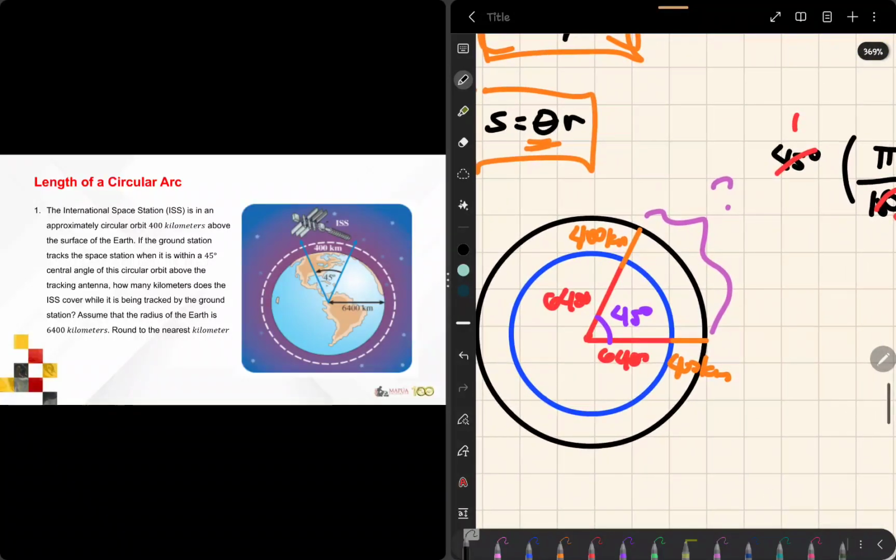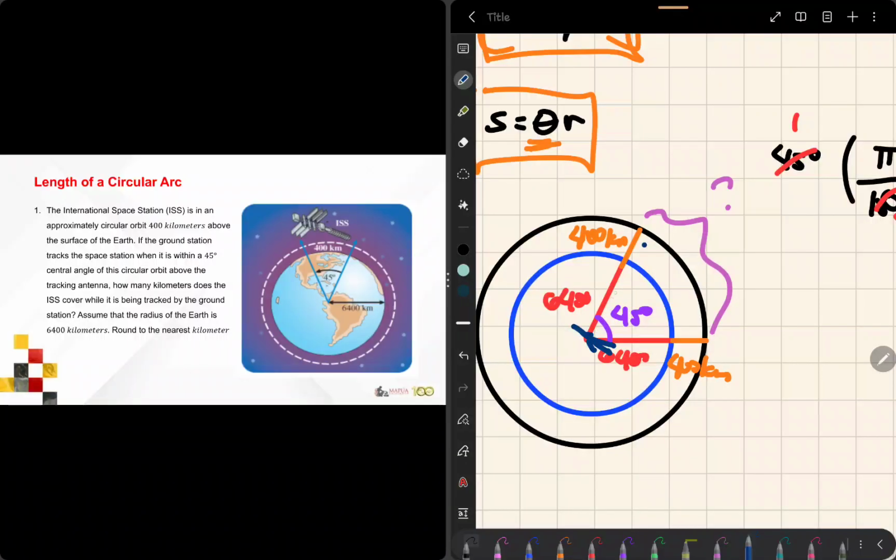And now since the ISS is rotating above the Earth, to get the total radius we will simply add 6,400 plus 400, since this part will be our total radius.